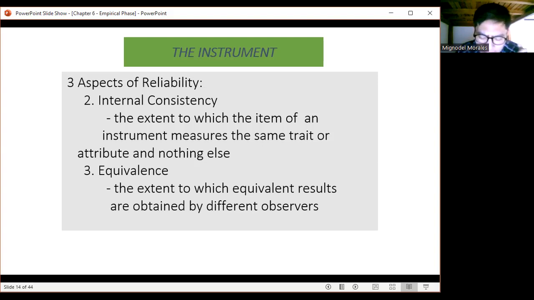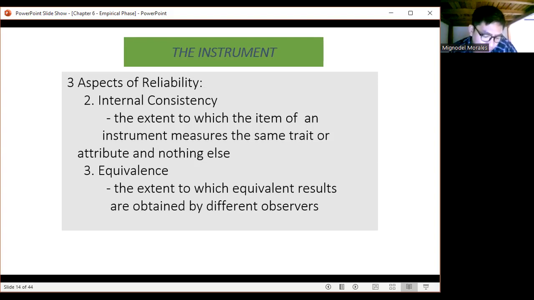All of the items must answer the objectives of the study. Okay? And these items must directly have a relationship, a trait that could answer your objectives. Okay? Equivalence, the extent to which equivalent results are obtained by different observers.